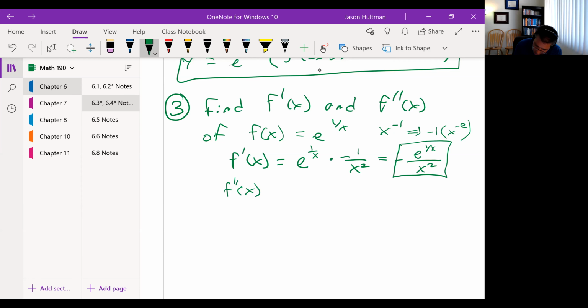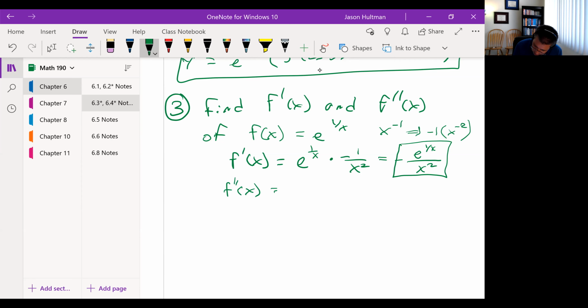So we have e, the derivative of the first. Well, we already know what that is, we just got that. That's right here, negative e to the 1 over x squared. So I'm going to cheat and write that.